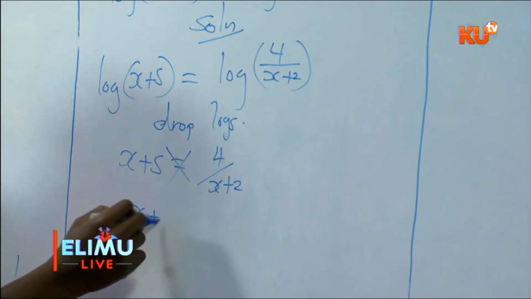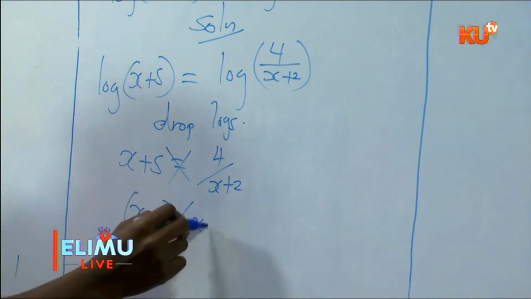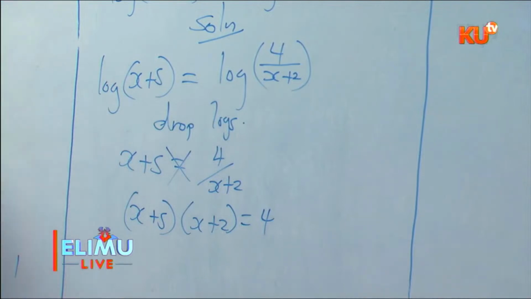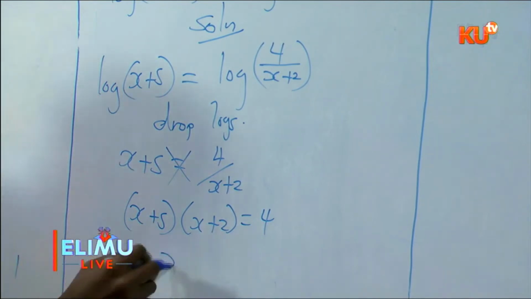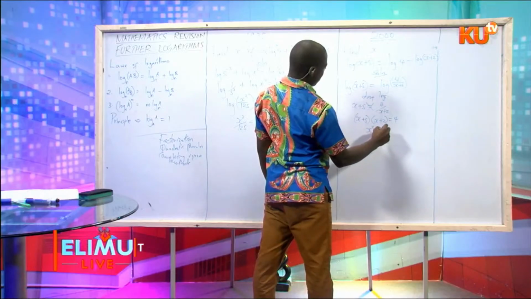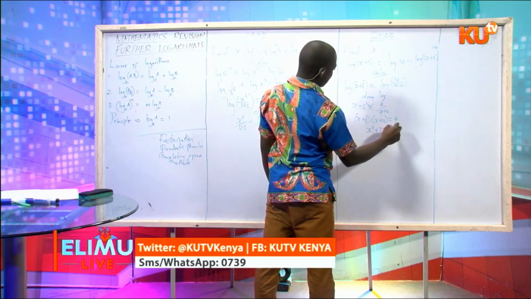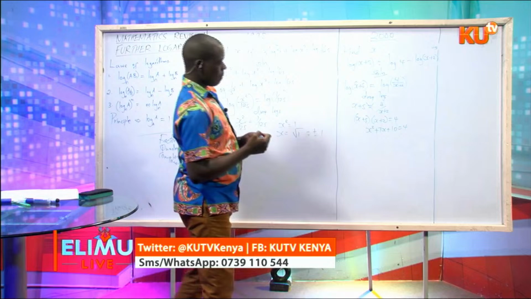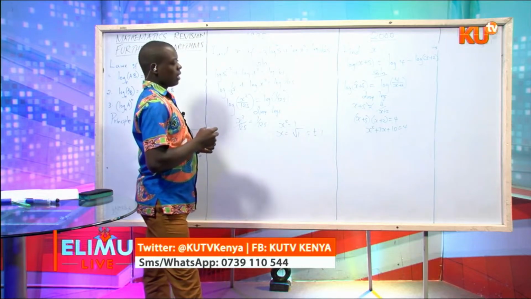We have x plus 5 times x plus 2 is equal to 4. This is expansion. You expand this quadratic, so we shall have x squared plus 7x plus 10 is equal to 4.